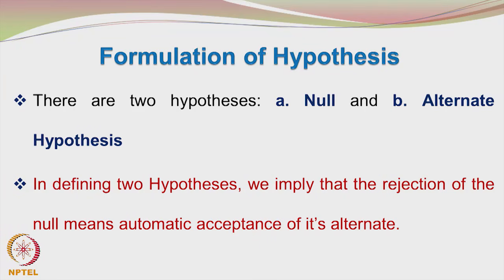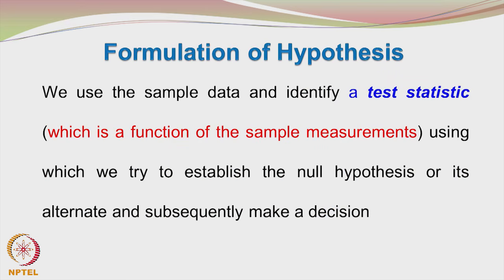So, when defining the two hypotheses, we imply that the rejection of the null hypothesis means automatic acceptance of its alternate. So, we use the sample data and identify a test statistic, which is a function of the sample measurements, using which we try to establish the null hypothesis or its alternate and subsequently make a decision. So, what we do is we take the sample and then extract a sample statistic from it.